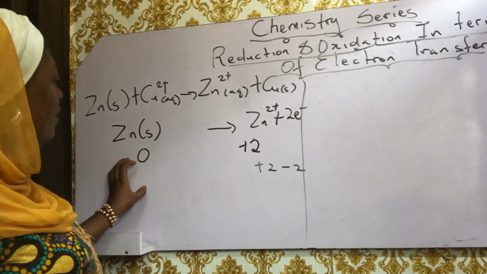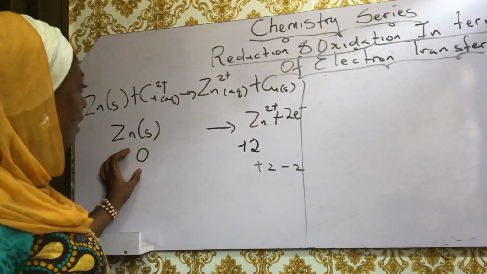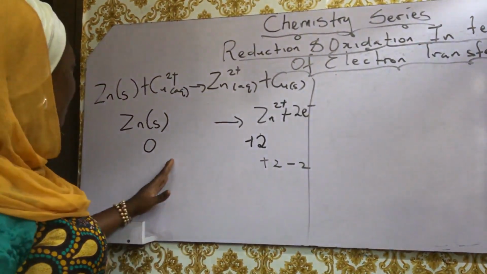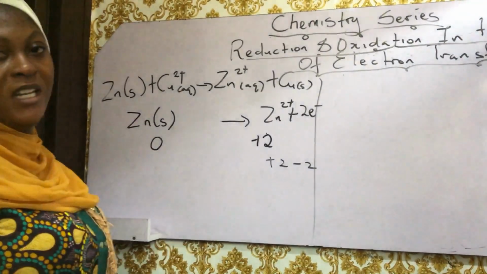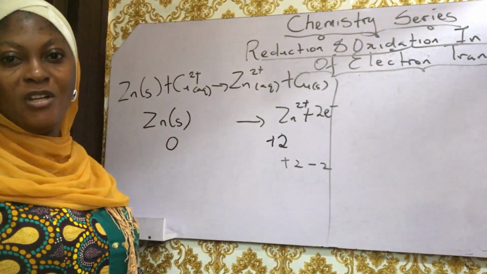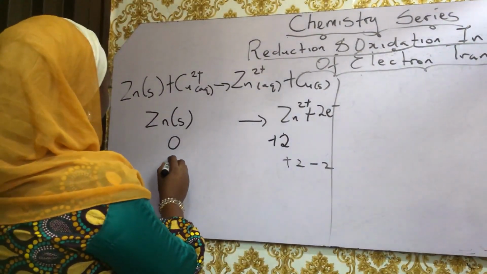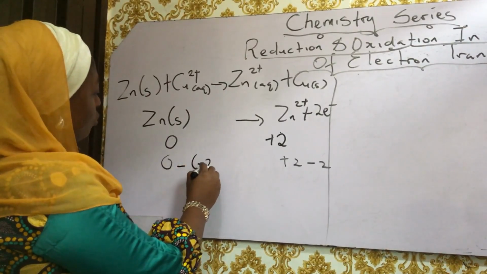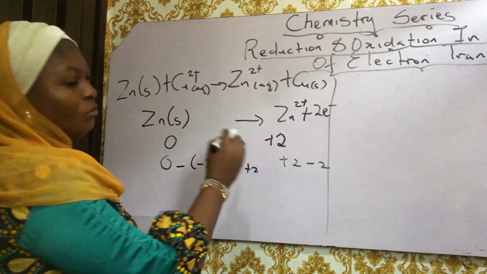There is an increase in the oxidation number of zinc from 0 to plus 2. So we can say here there is a loss of electron. How do we know there is a loss of electron? When you take away negative 2 from 0, minus negative 2 gives you plus 2.